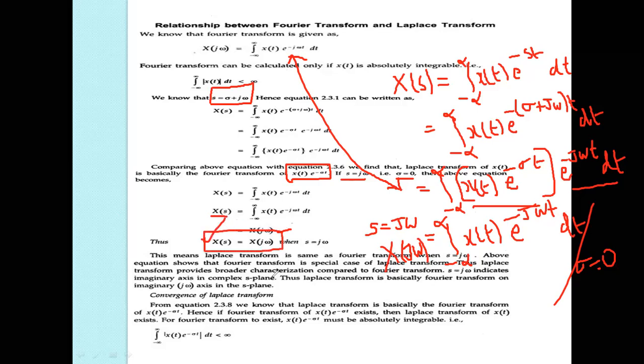X of s is a Laplace transformation and X of j omega is a Fourier transformation. This means the Laplace transform is the same as the Fourier transform when s is equal to j omega. The above equation shows the Fourier transform is a special case of a Laplace transform.